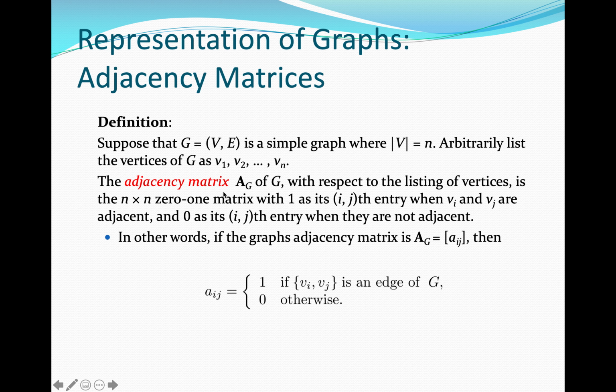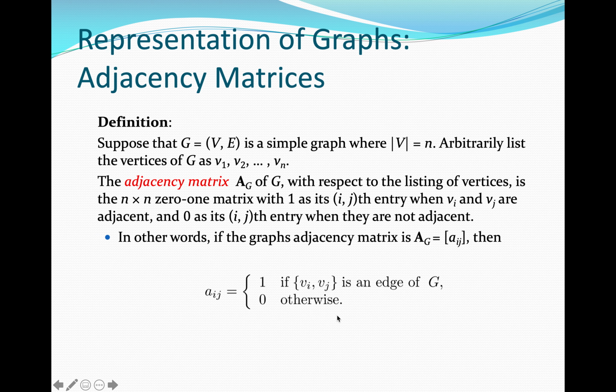The adjacency matrix AG of G, with respect to the listing of vertices, is the n by n 0, 1 matrix with 1 as its ij entry when Vi and Vj are adjacent, and 0 when they are not adjacent. So in terms of matrix, you can present the adjacent vertices by having a 0, 1 matrix. If the adjacency happens, then we say it is 1. If the adjacency doesn't happen, then we will declare it as 0.